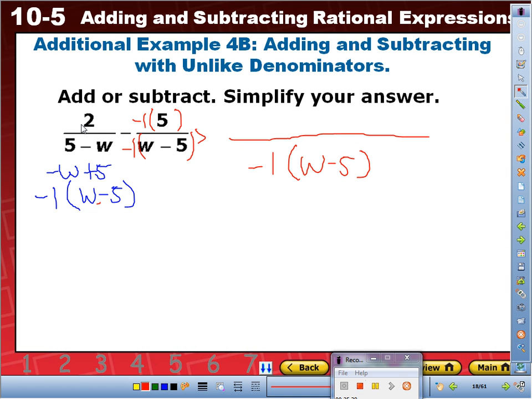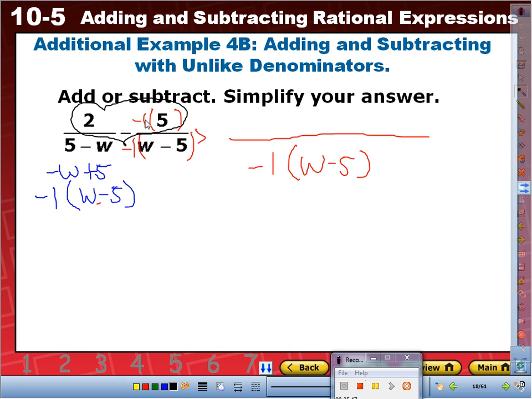All right, so what do we have there? We got 2. So at this point, I'm going to go ahead and add this and that, combine like terms. But this becomes what? Negative 5, right? So what is 2 minus 5? But this one has a negative here, which means this changes into what? Positive. So what is 2 plus 5? 7. Are there any giant ones right there? No, so we're done.